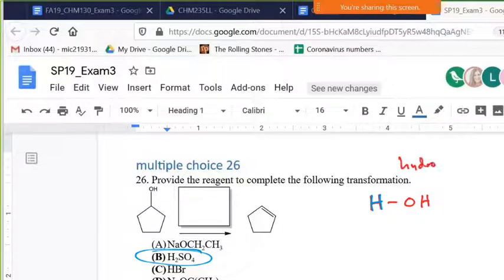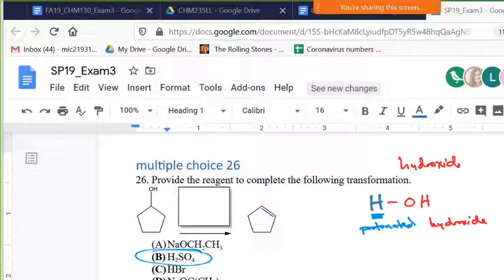Let's try it this way. So in red we have hydroxide. If we protonate the hydroxide, we are putting a proton on it. There's our proton. So this would now be protonated hydroxide because we've added a proton to it. Okay, proton just being H+.